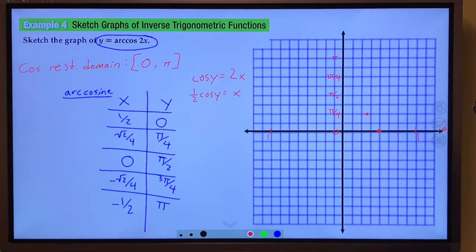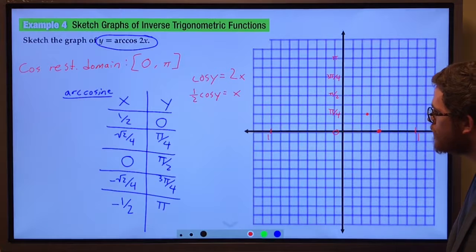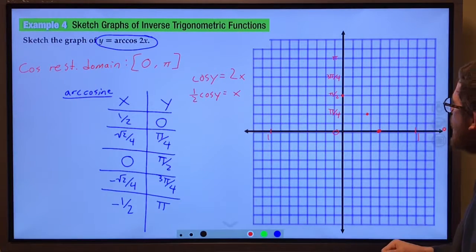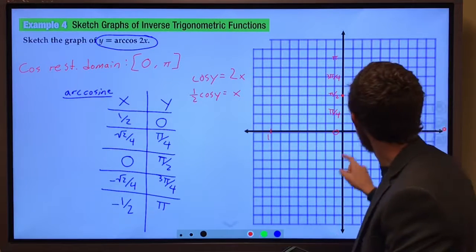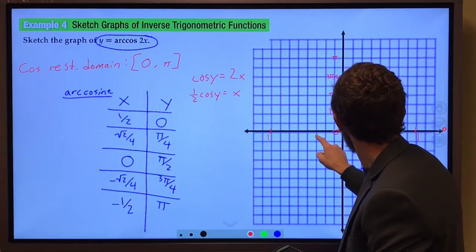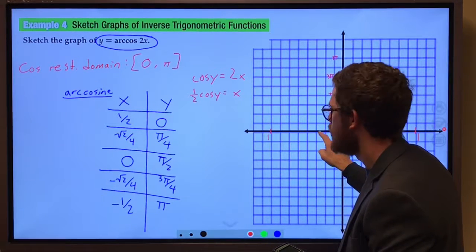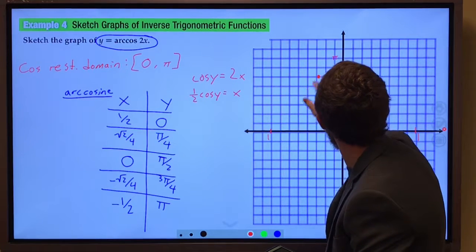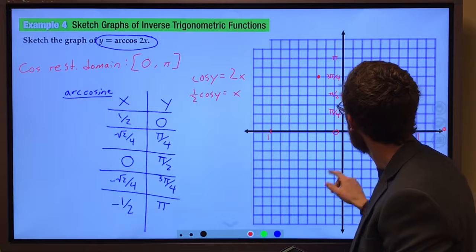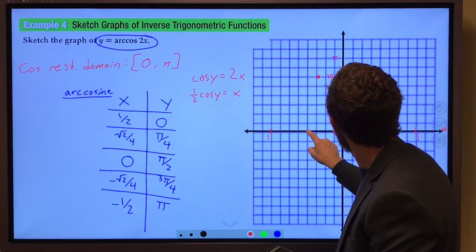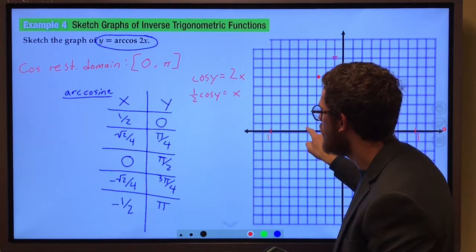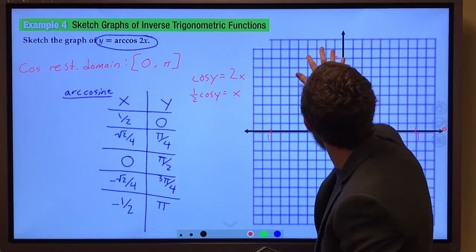At 0.35, our output is pi over 4. At 0, we're at pi over 2. At negative root 2 over 4, we're at 3 pi over 4. And at negative a half, we're at pi.